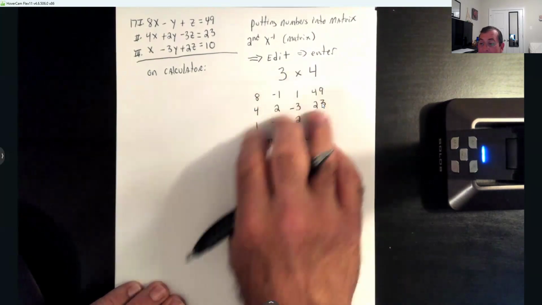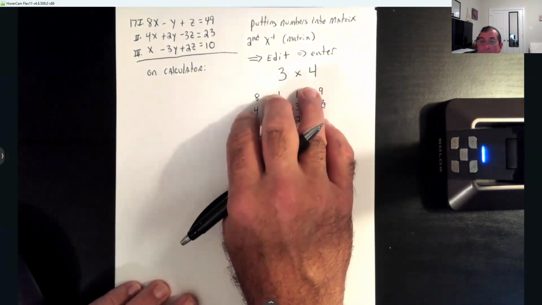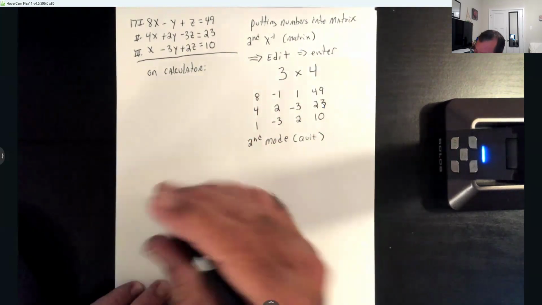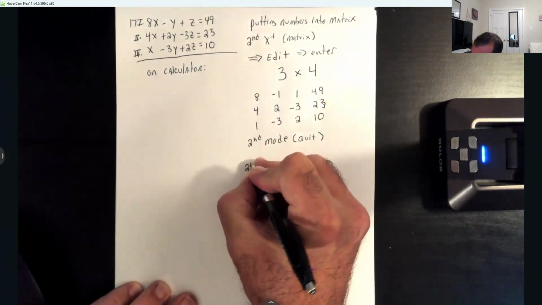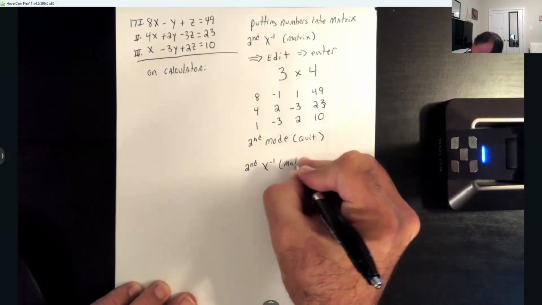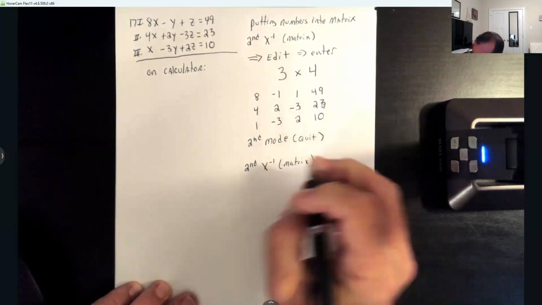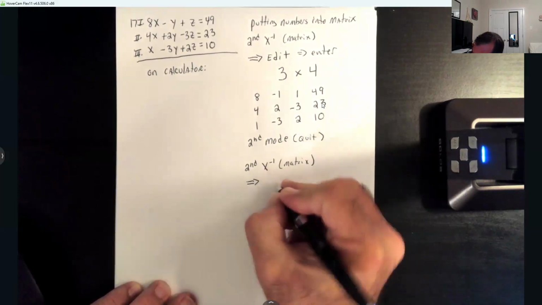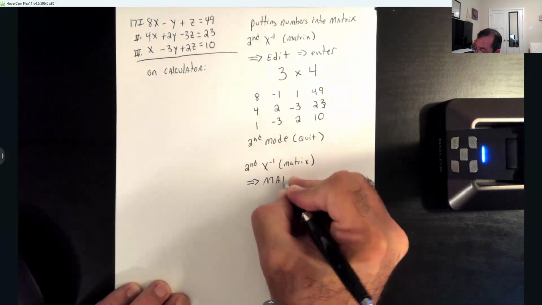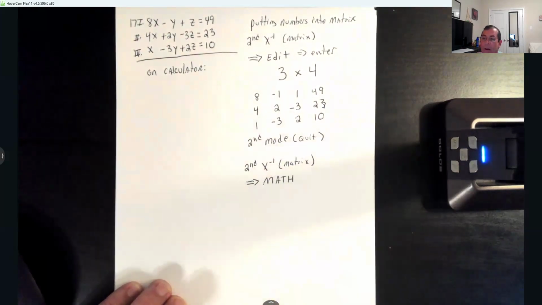But now this calculator has all these numbers stored in it, okay? So now I want to go and get the math stuff. So we're going to hit second, x negative 1 for the matrix stuff again. But this time we're going to arrow right and get to the math column.